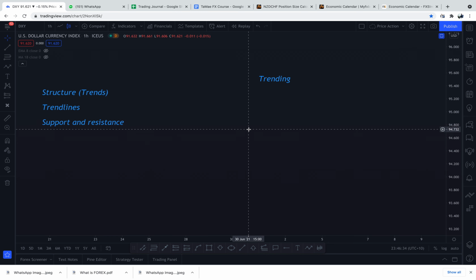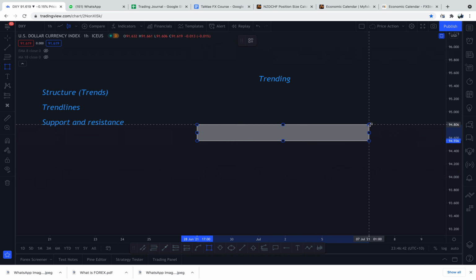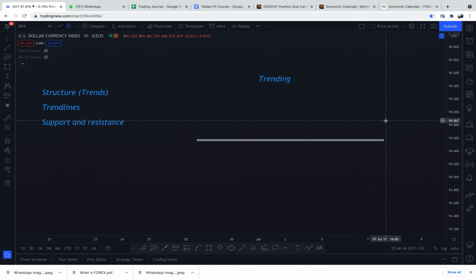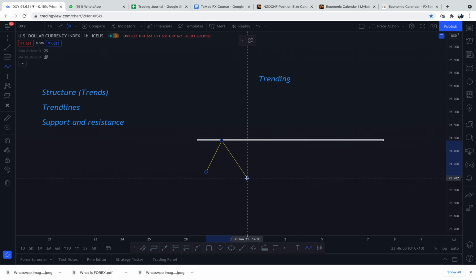One thing that I would like you to understand about support and resistance is that a valid support and resistance is where price has touched several times. It can touch once, go down, twice. That's a valid resistance zone.